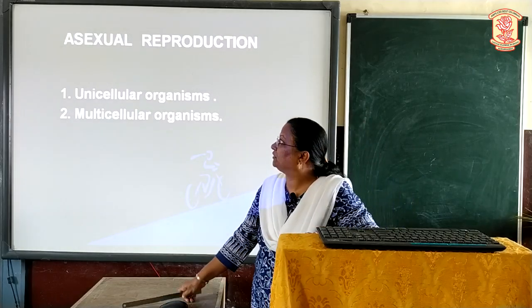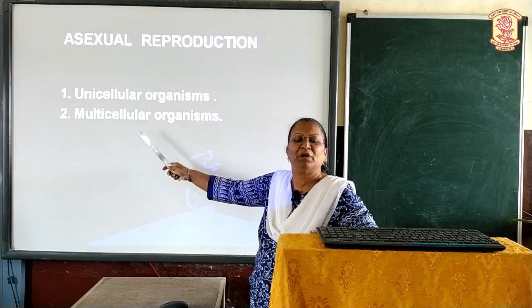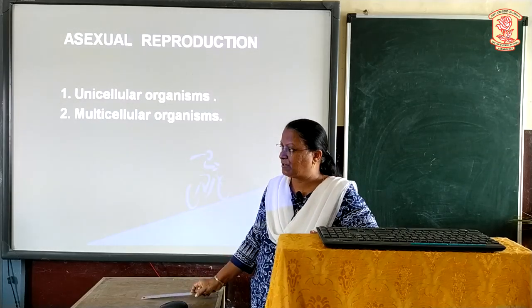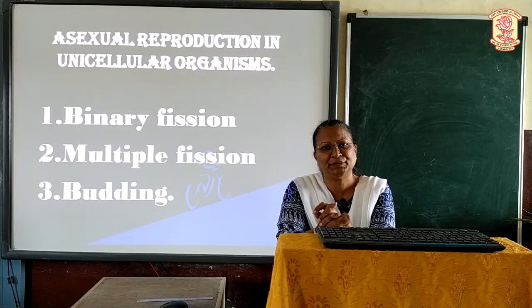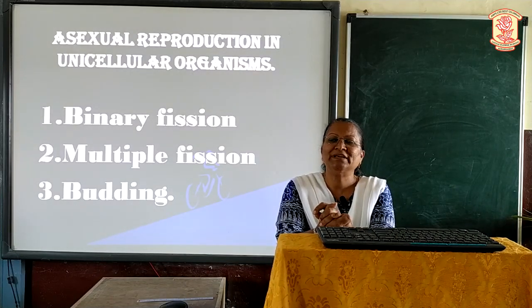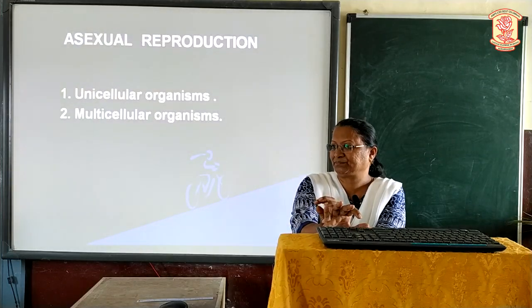Asexual reproduction can take place both in unicellular and multicellular organisms. What do you mean by unicellular organisms? Yes children, you very well know unicellular means one single cell.